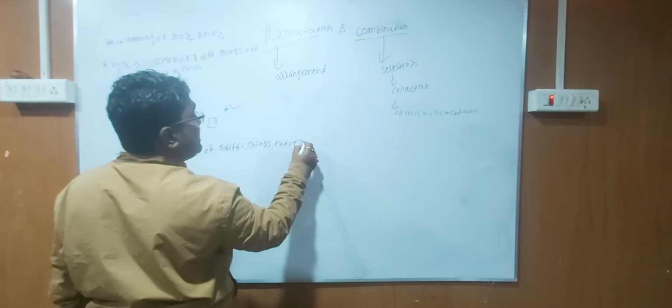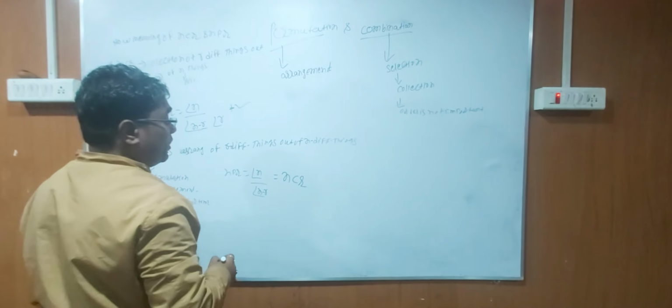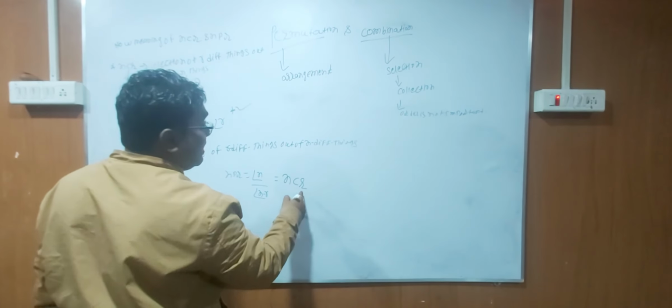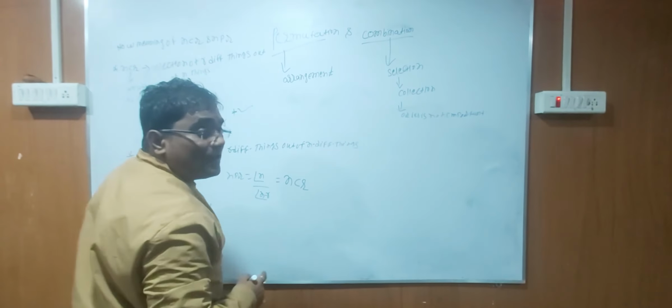We told you that in permutation we don't directly go to arrange. First we have to select r things from n different things.